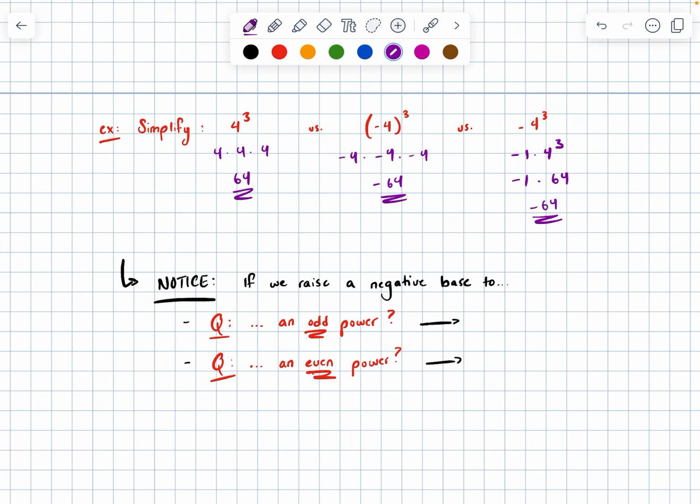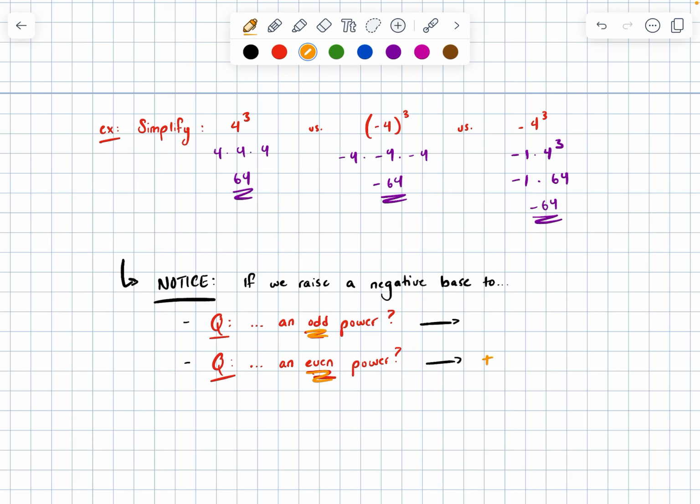The only thing that changes here is whether the exponent is odd, like 3, or even, like 2. Well, above, we noticed that if I took an even number as my exponent, if I took a negative base and raised it to an even power, something like negative 5 times negative 5, well, that would give me a pair of negative signs that would cancel each other out.